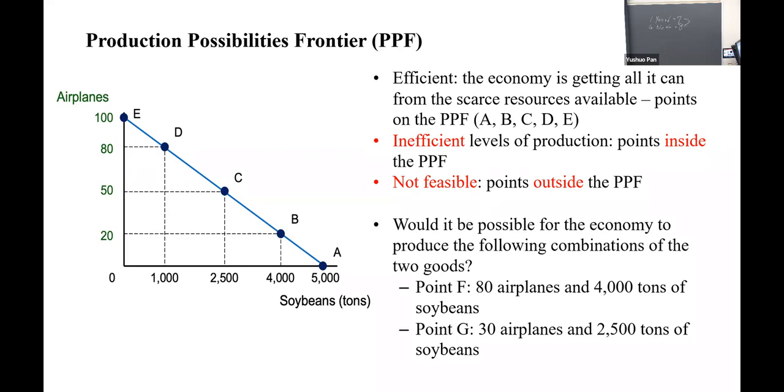So next, we have two questions. Would it be possible for the economy to produce the following combinations of two goods? Point F, 80 airplanes and 4,000 tons of soybeans. Would that be possible? And how about G?